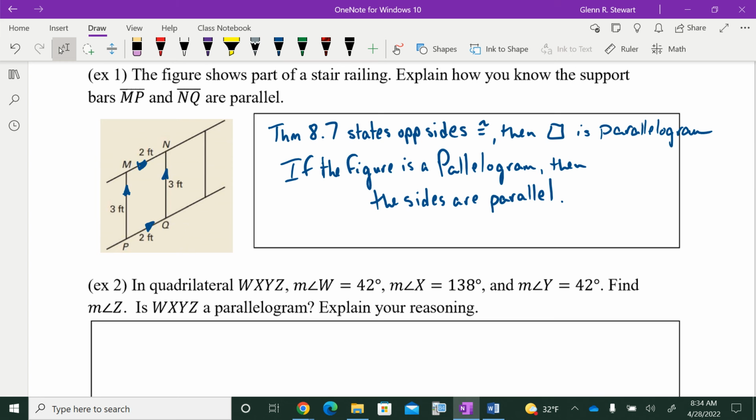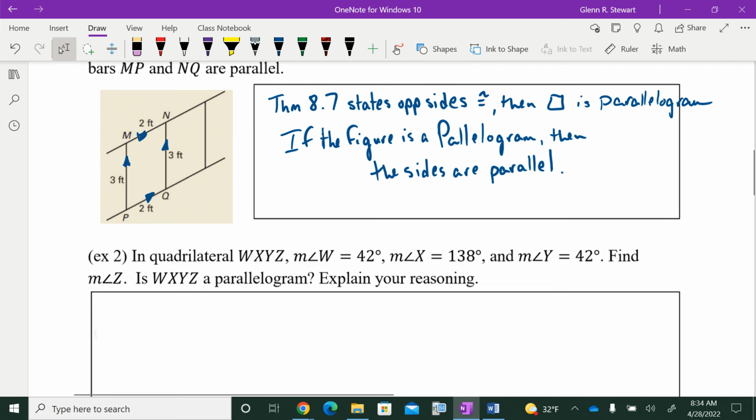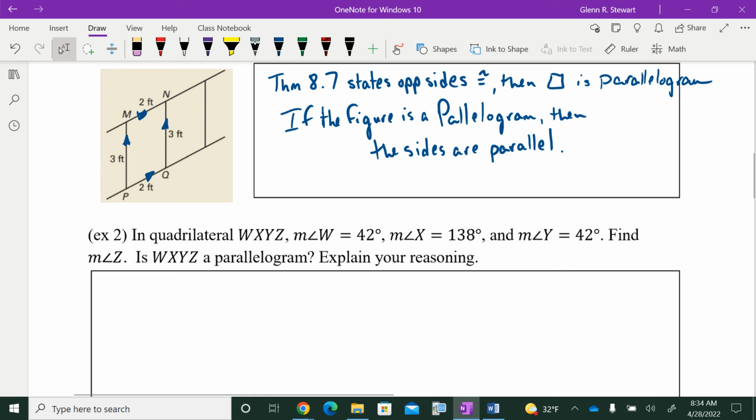Example number 2. In quadrilateral WXYZ, it gives the measurements for those angles. Find the measure of angle Z. Is it a parallelogram? Explain your reasoning. First off, I really like to draw a picture. Let's go ahead and draw a picture.